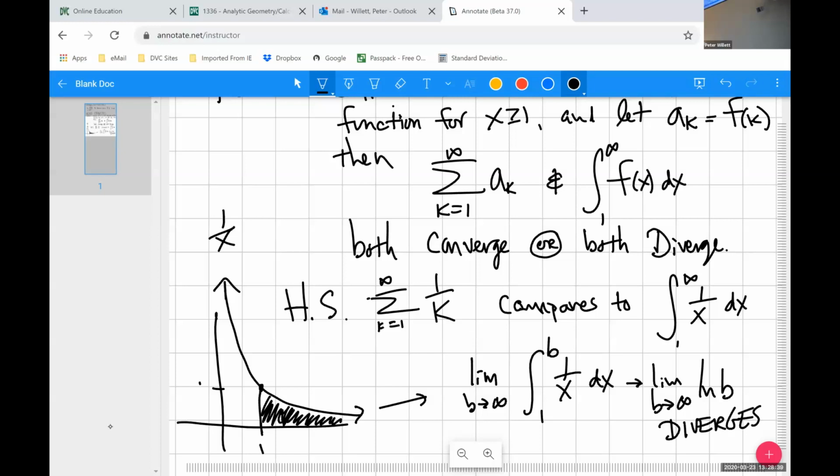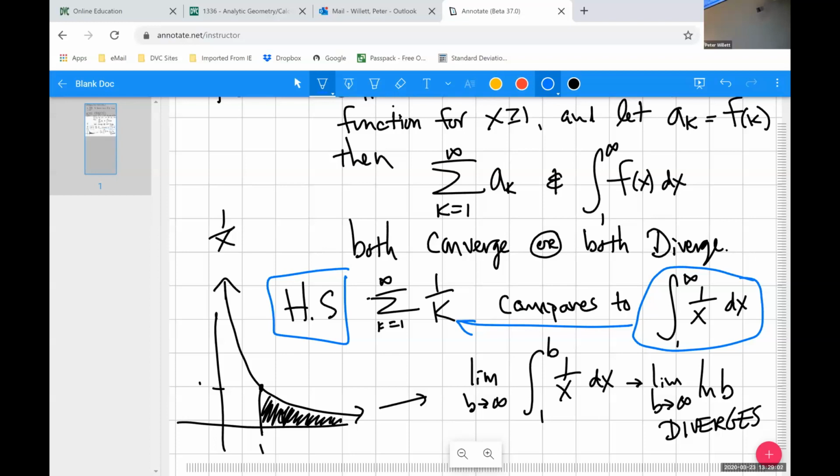So we already concluded in chapter 8 that this improper integral was divergent. But now we can take that divergence and translate that to say that the harmonic series also diverges, because that's the same formula for the series as it is for the function over here.